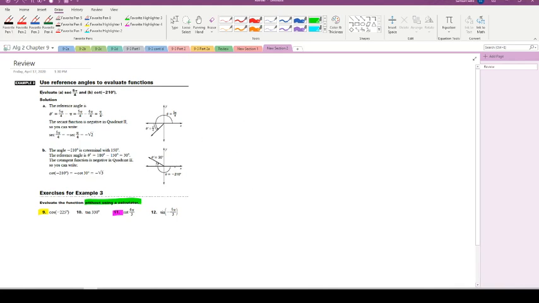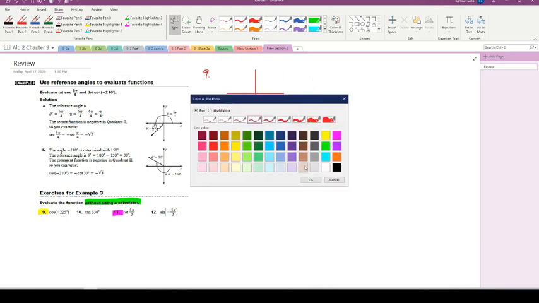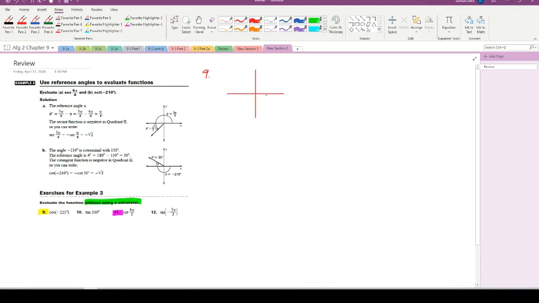So for number 9, let's look at number 9 right over here. The first thing we have to do is draw our XY plane. And again, we have to see where this is. Now we're going opposite, negative 225. Well, what does that mean? That means I'm going this way, negative. So this is negative 90, negative 180, negative 270. So it's got to be somewhere over here, right?